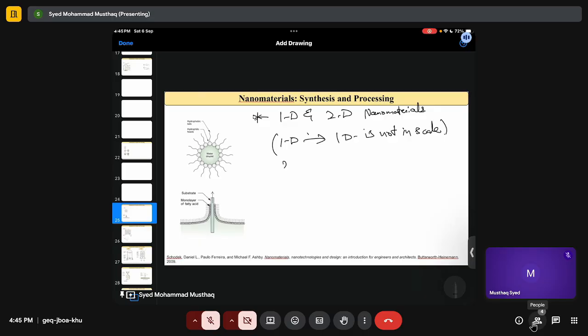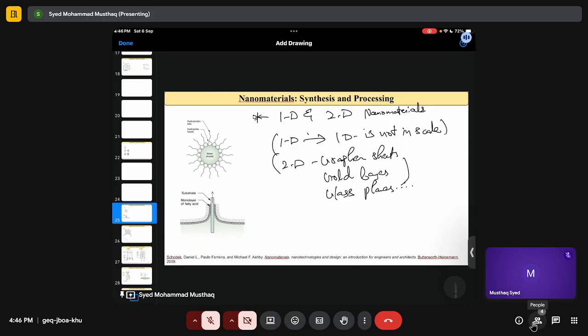And in two dimensions, we mostly see graphene sheets, or a very thin gold layer. Right, and glass planes, and many more.